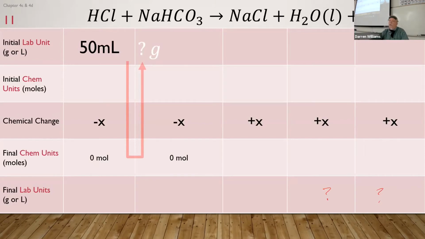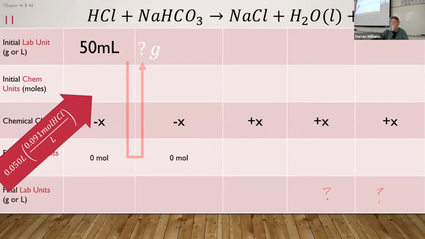So how do we get out of these lab units and into the chemistry units? We use molarity. Right here, we would use that concentration. The 0.05 liters, which is 50 milliliters, times our concentration gives us the number of moles of HCl we have. So we've got to get out of milliliters of HCl and into moles, and we use the molarity to do that.